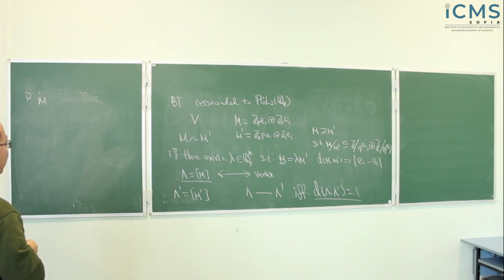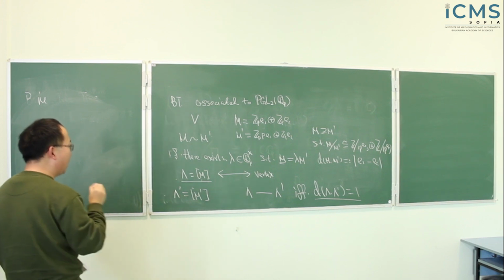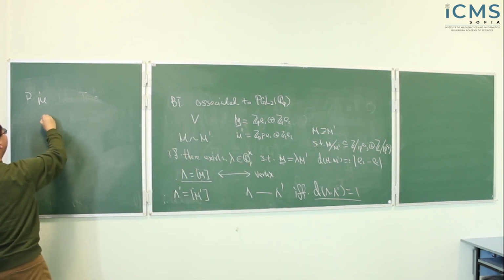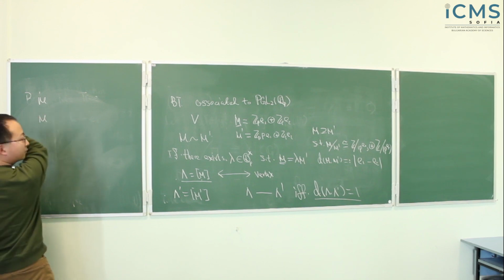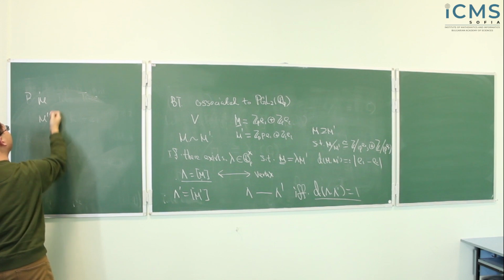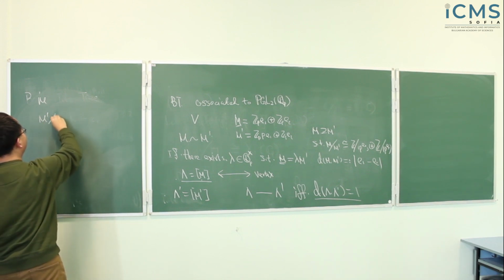So in this case, the edges connected to this vertex are in one-to-one correspondence with M prime, let me see, M prime to the Pn.